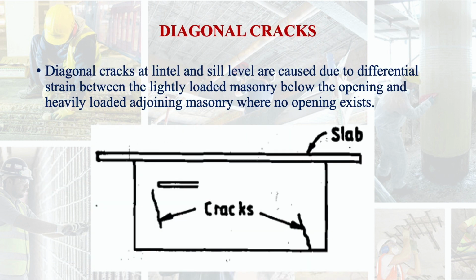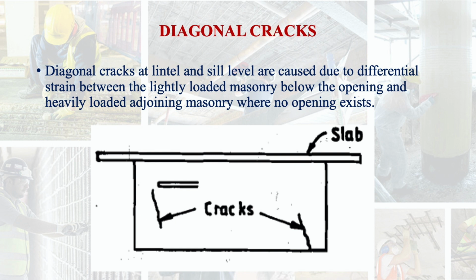Diagonal cracks at lintel and sill level are caused due to differential strain between the lightly loaded masonry below the opening and heavily loaded adjoining masonry where no opening exists.